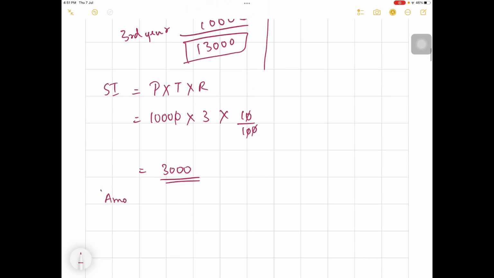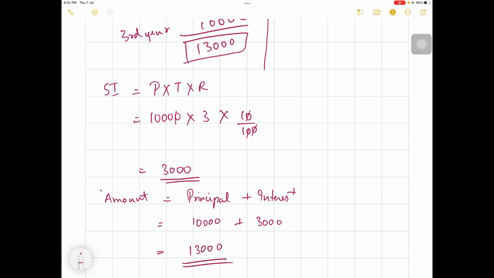So amount is principal plus interest, which is 10,000 plus 3,000. So 13,000 I have to return.